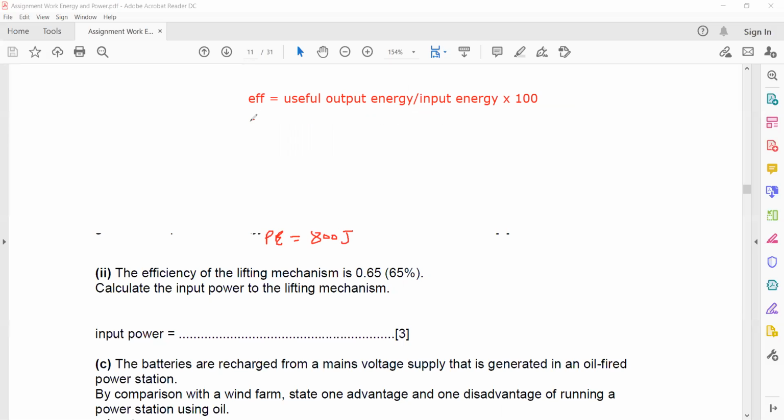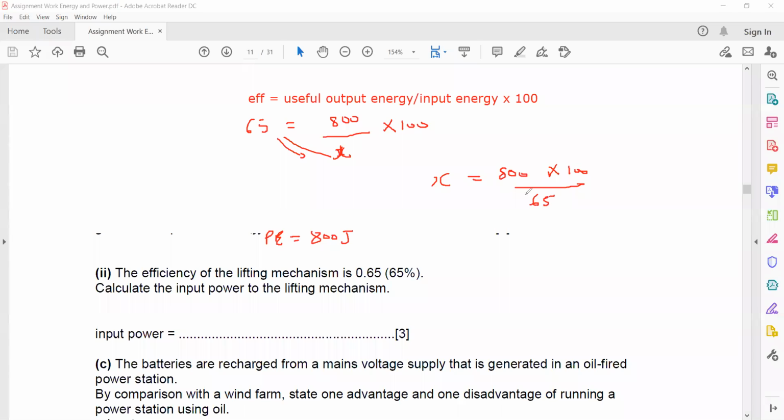So efficiency is given as 65. Useful energy output was 800. Input energy we don't know, I'm saying X unknown, multiplied by 100. I need this X, the input energy. So cross multiply: X will be equal to 800 multiplied by 100 divided by 65.